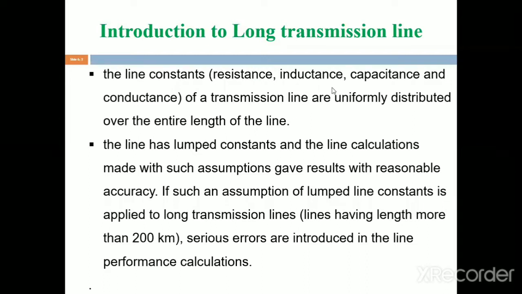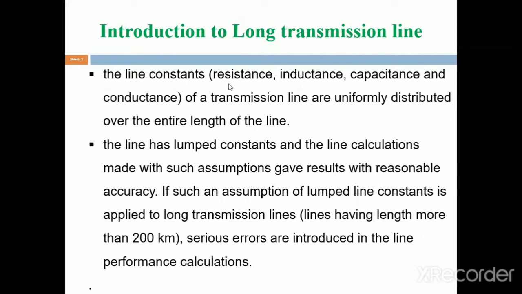Then overall we calculate the result for those effects. There is only a small variation between the usage of uniformly distributed and lumped parameters. That is the main reason for considering the uniform and lumped parameters.